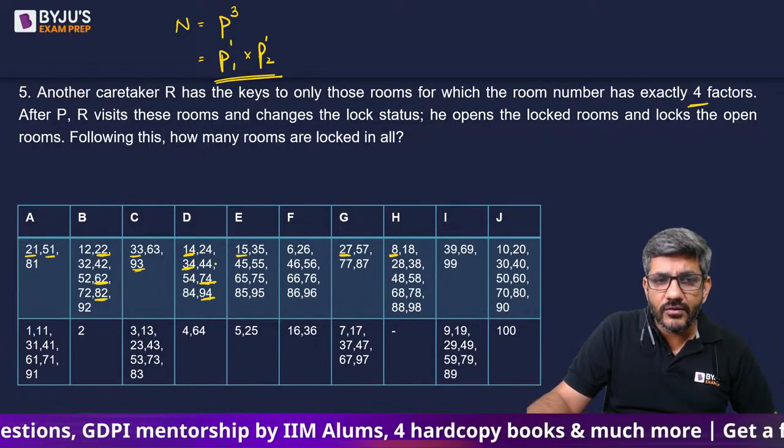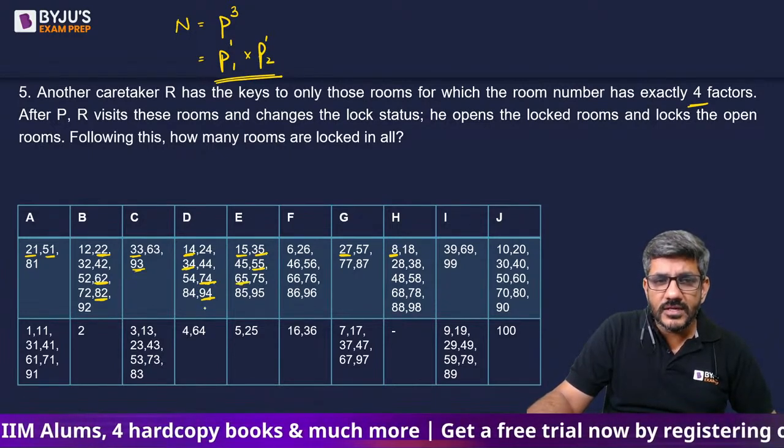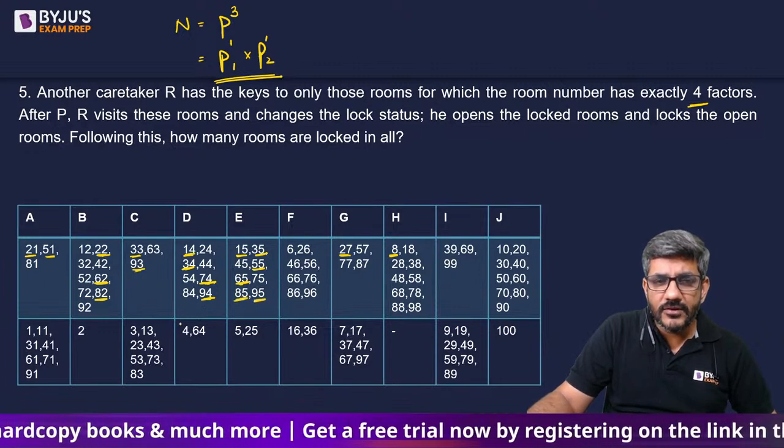After that I have 3 into 5, 5 into 7, then 5 into 11, 5 into 13, 5 into 17, 5 into 19.